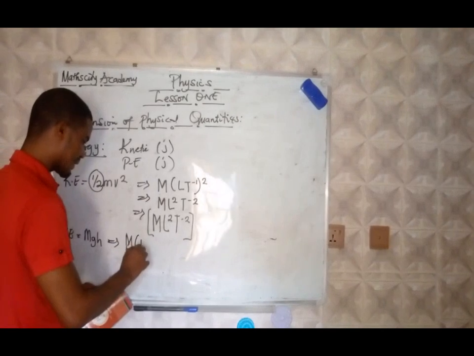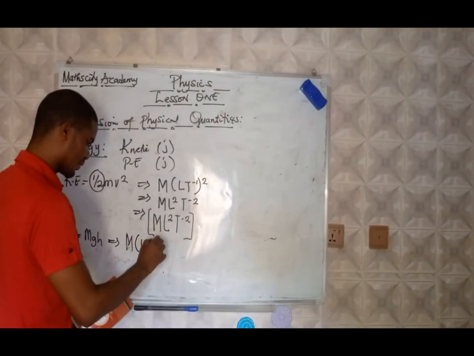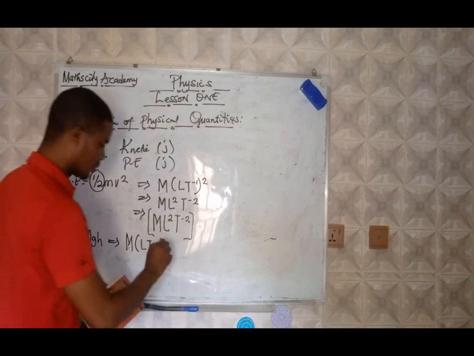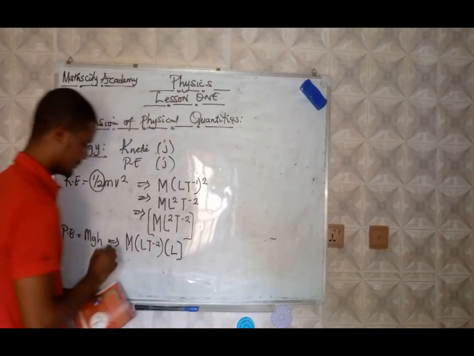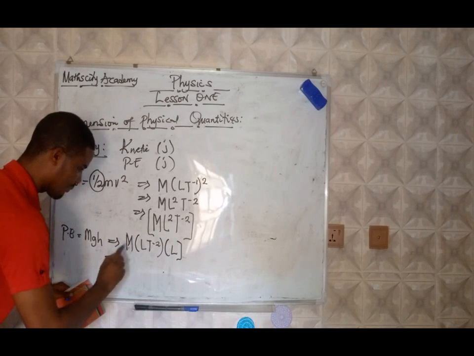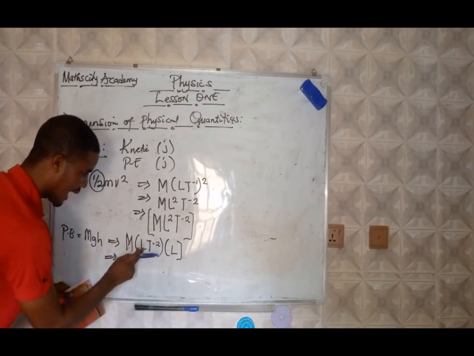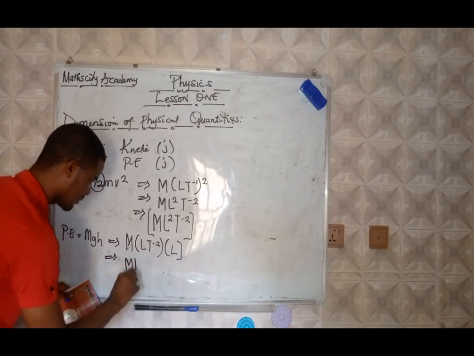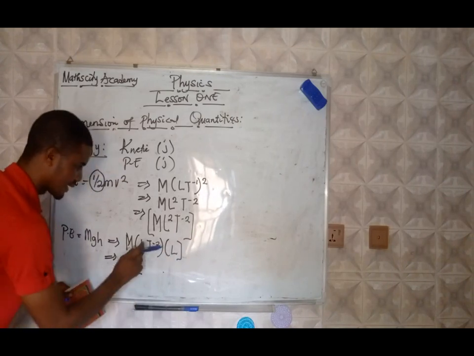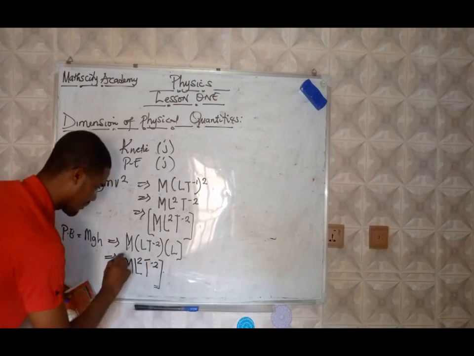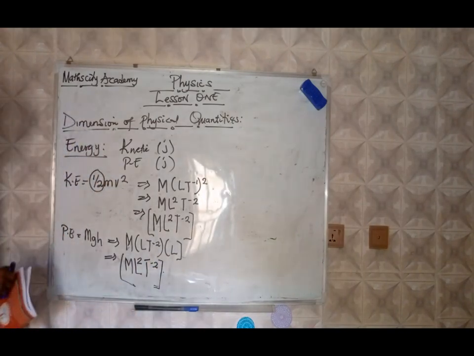Acceleration is LT minus 2. What is the dimension for height? It is length, which is L. So if I multiply all this, I'm going to have M, L times L gives L squared, then T minus 2. That becomes the dimension for potential energy.